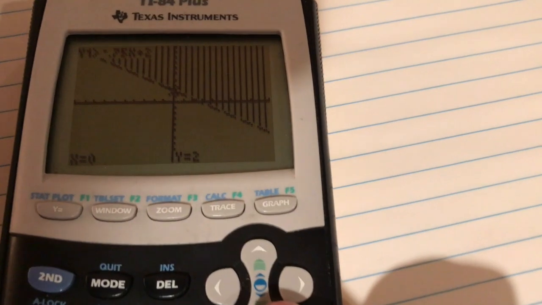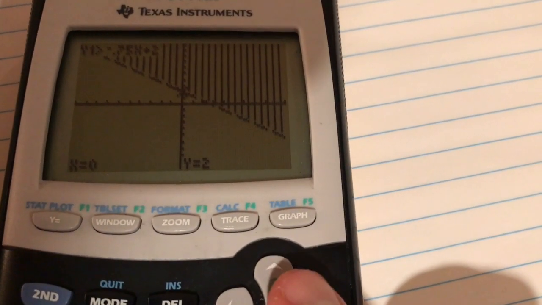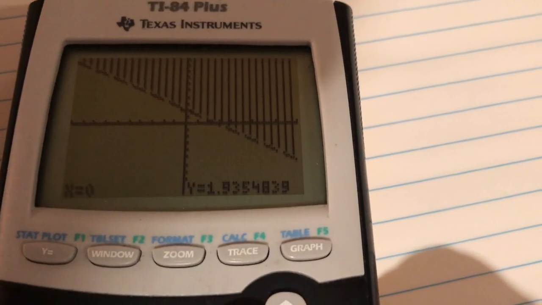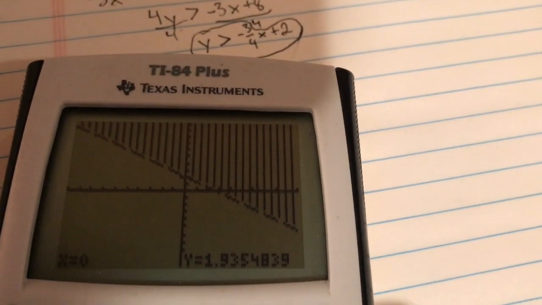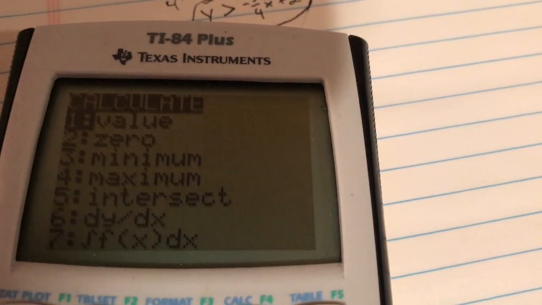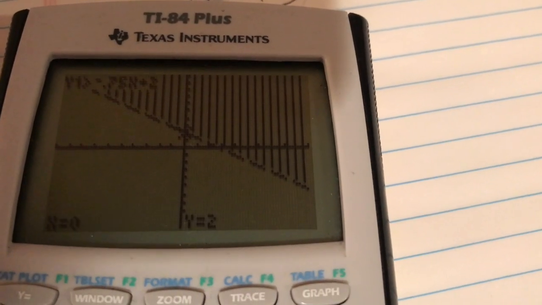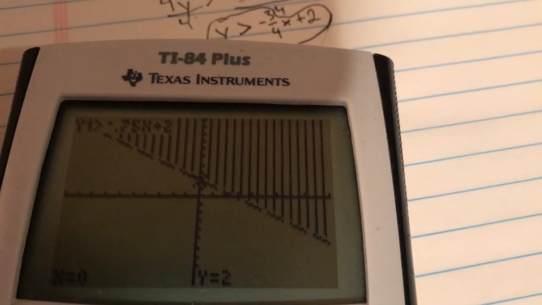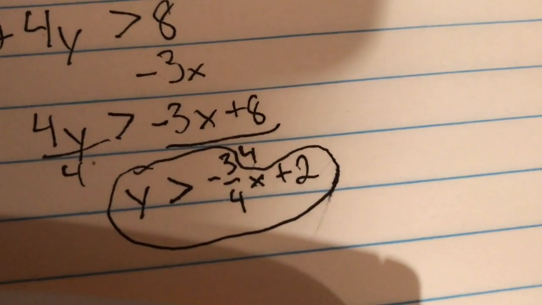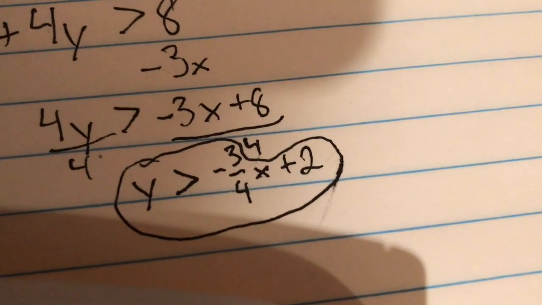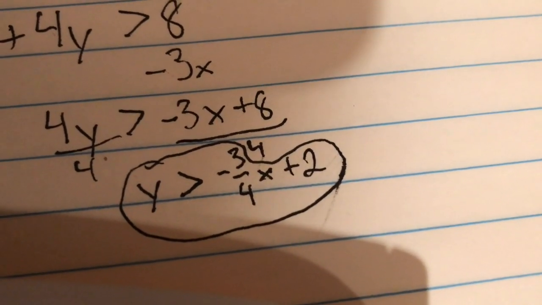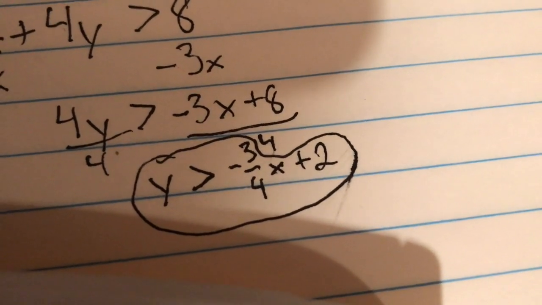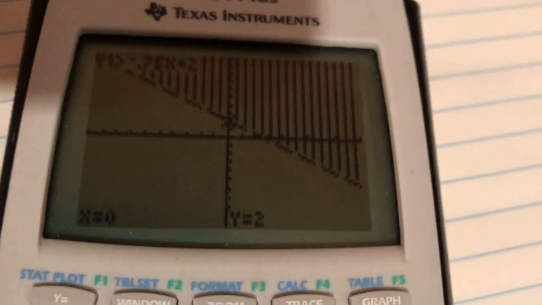Now, because this is a dotted line, and it's directly on the line, how can we interpret this? If we think about it, we know if we plug it into our equation, 0 times negative 3/4 plus 2 is going to be 2, and 2 is not greater than 2. So we know that it's not going to work out.